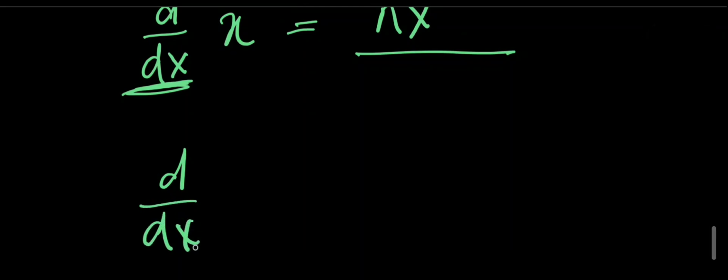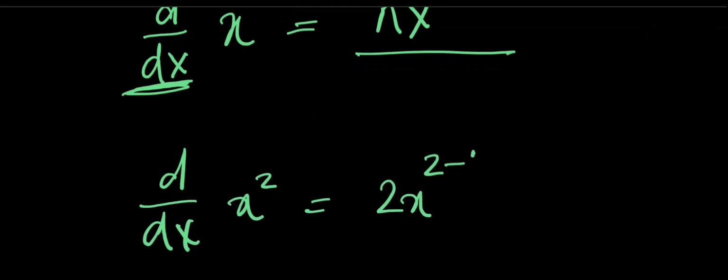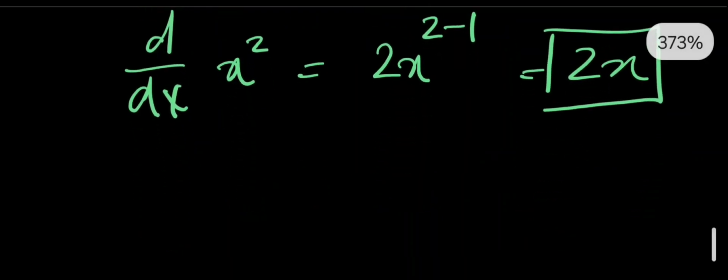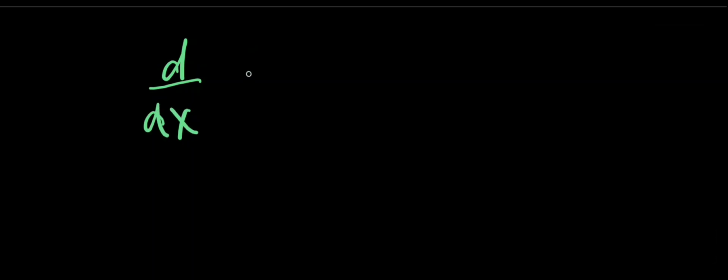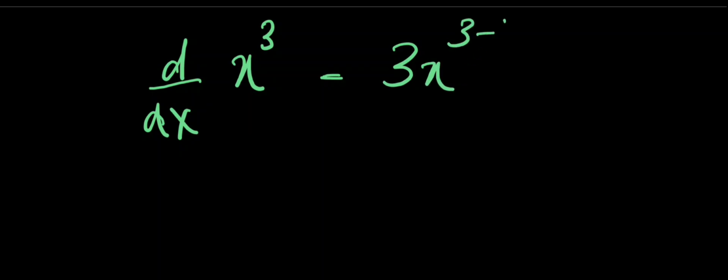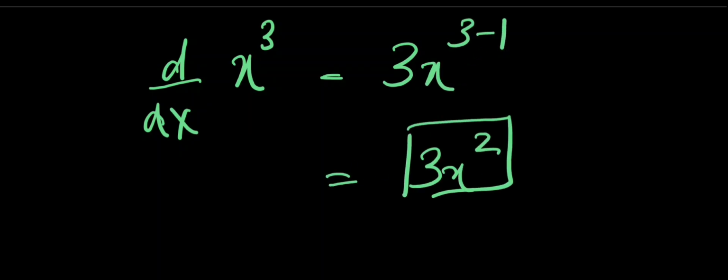Suppose we have the derivative of x squared. This would just be equal to 2x raised to 2 minus 1, which is equal to 2x. Or suppose we have the derivative of a function x cubed. This would be equal to 3x raised to 3 minus 1, which is just 3x squared.